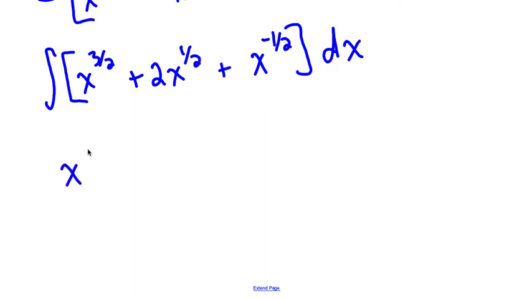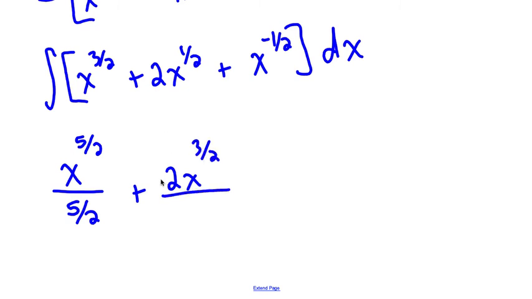So add 1, 3/2 plus 1 would be 5/2 over 5/2, plus 2x, add 1 to that is going to be x to the 3/2 divided by 3/2, plus add 1 to that is going to be x to the 1/2 divided by 1/2 plus c.